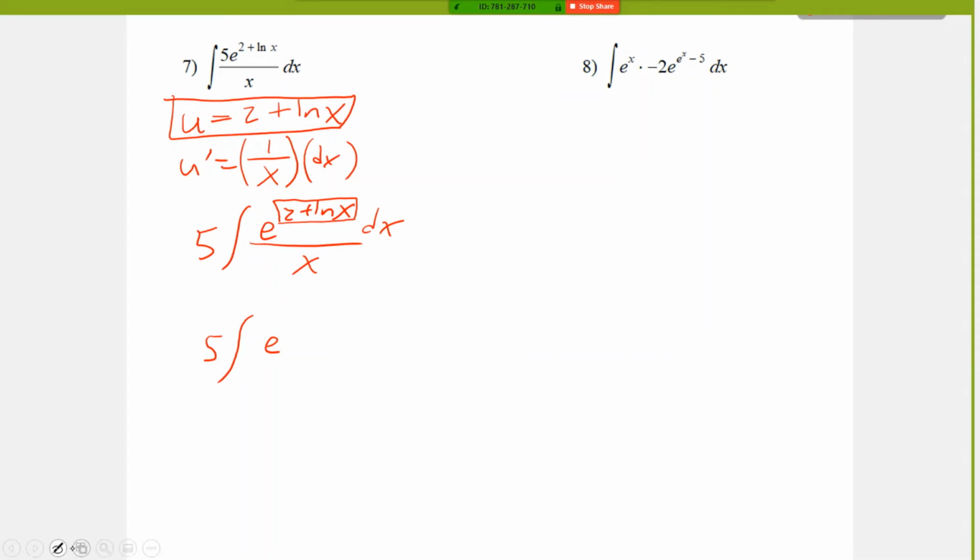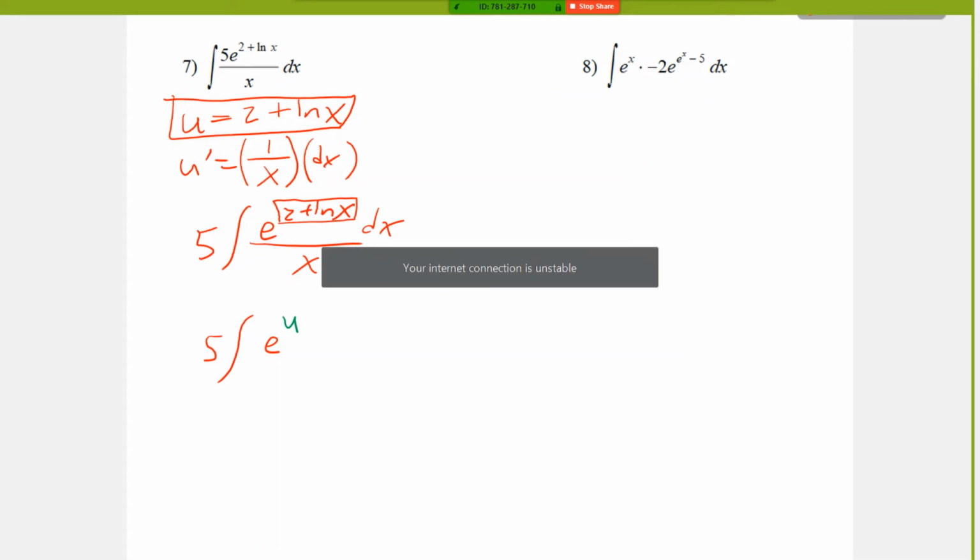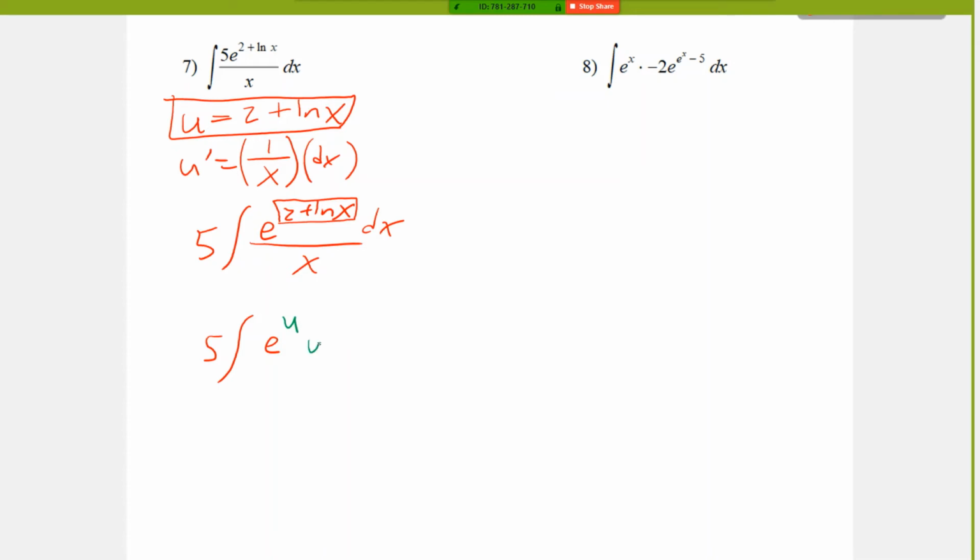So this will become e to the u power. Okay, and then anytime you see 1 over x dx, I can replace that with u prime. So this is really e to the u times what? E to the u times u prime. That's it. Okay. If I integrate e to the u prime, what will happen?